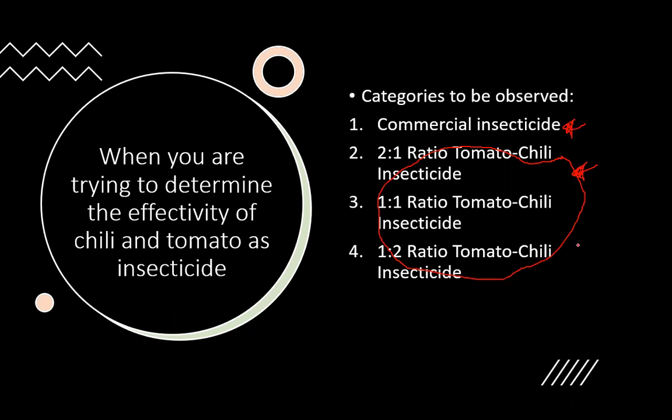At the same time, we also look at the effect of the ratio: does the effectivity of the tomato chili insecticide change if the ratio is different? So these are the categories to be observed in this experiment.